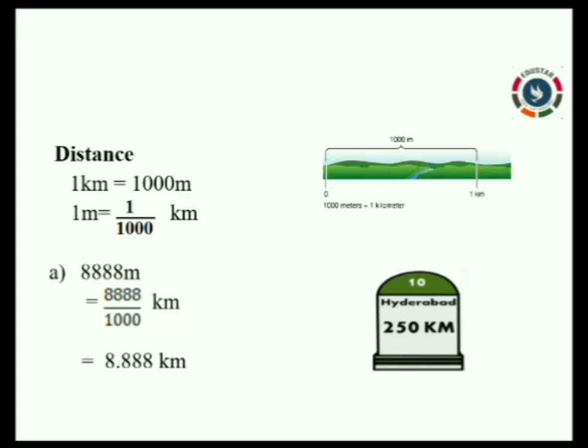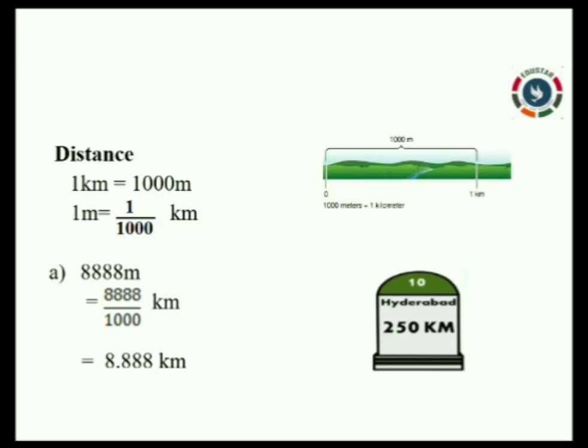8888 meter. Now we are going to convert this meter into kilometer. You know the relationship between meter and kilometer. 1 meter is equal to 1 by 1000 kilometer. Here you are having 8888 meter, right? So 8888 divided by 1000 kilometer. Here you are having 8000, right?